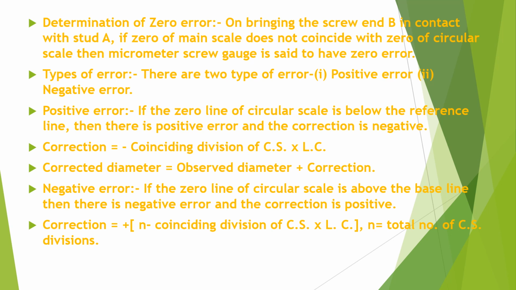Then the correction has a different formula: correction is equal to plus n minus coinciding division of circular scale into least count, where n is the total number of circular scale divisions. You need to remember this formula for finding the correction. So the corrected diameter will be observed diameter plus or minus correction.